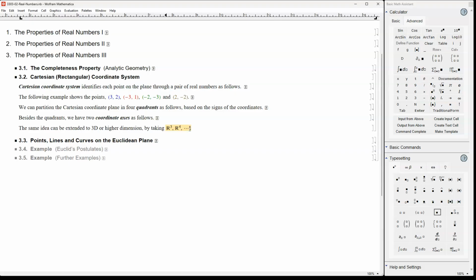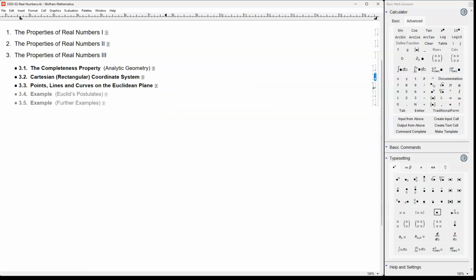And R3, well, we can see, but it's difficult for me to draw. So let's focus on R2 for the time being. We're going to talk about higher dimensional geometry later in the second half of the course. But let's have a brief preview of what's to come.